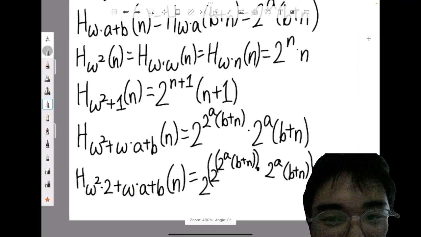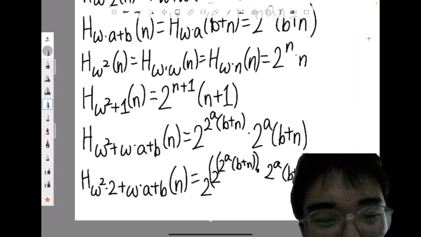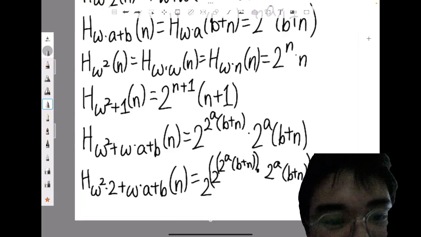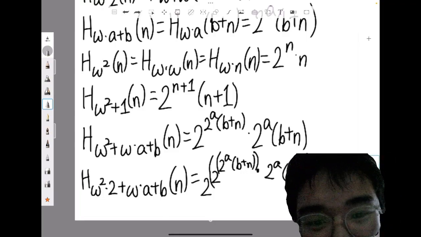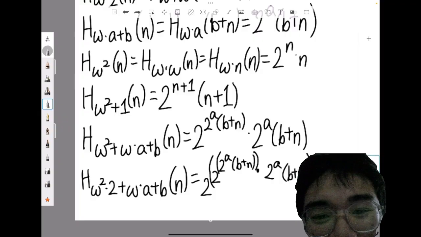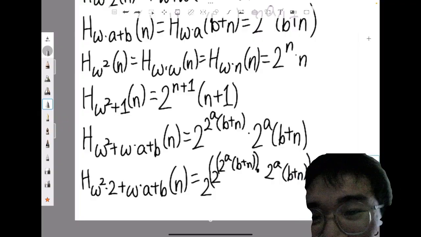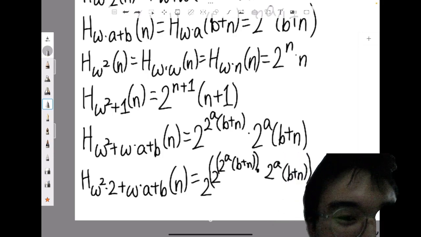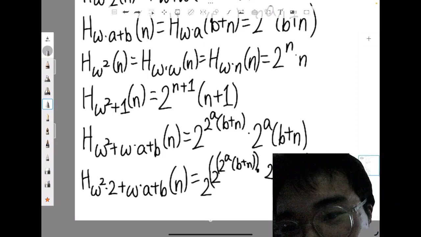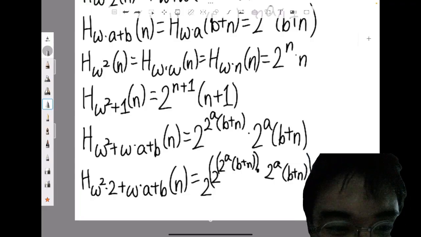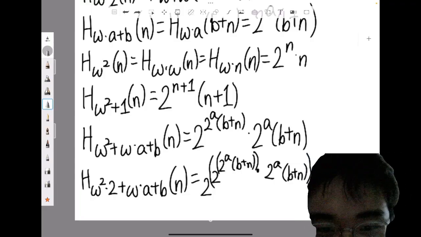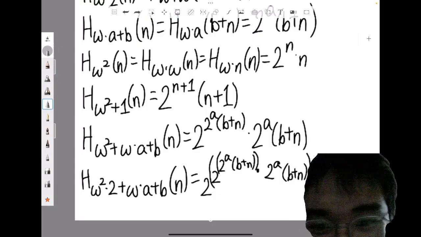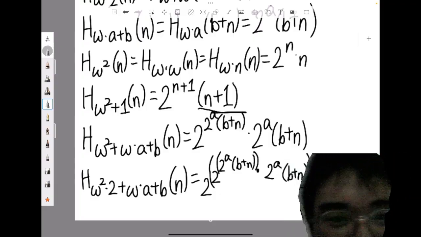Now you can continue: h sub omega squared plus 1 of n equals 2 to the power n plus 1 times the quantity n plus 1, as from the rule above. So here's n, and when you add plus 1, you just put the plus 1 here. And if it is omega squared plus 2, then you do 2 to the power n plus 2 instead of n plus 1, and here as well n plus 2 instead of n plus 1.